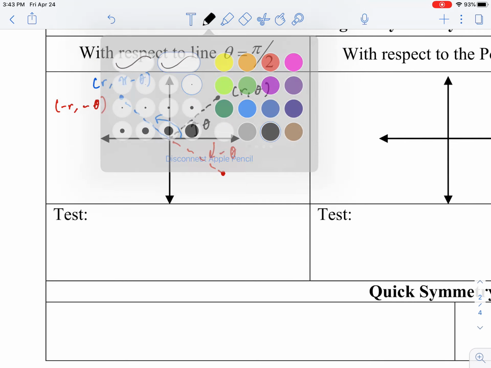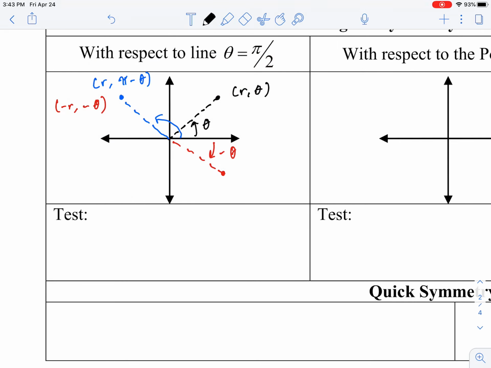So, in other words, if we want to check to see if a polar equation is symmetric with respect to theta equals pi over 2, we would simply replace r and theta by either one of the two following: either negative r, negative theta, or r, pi minus theta, the supplement, as the first one we described.